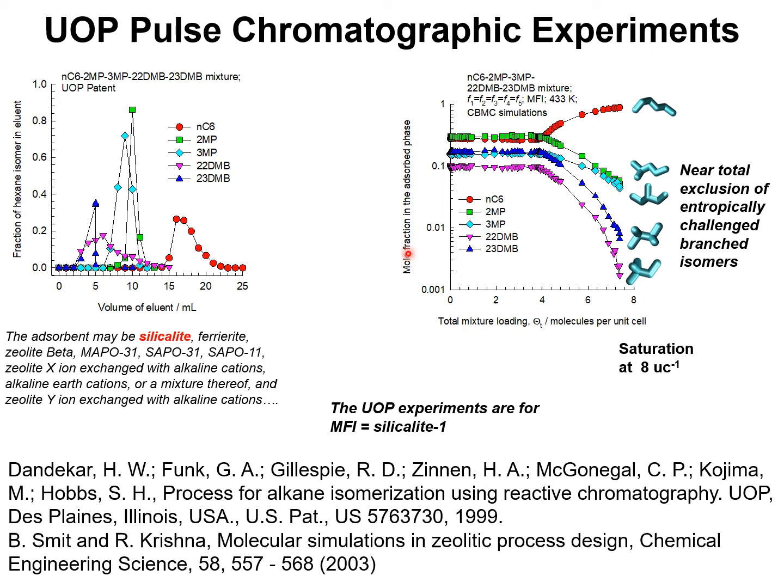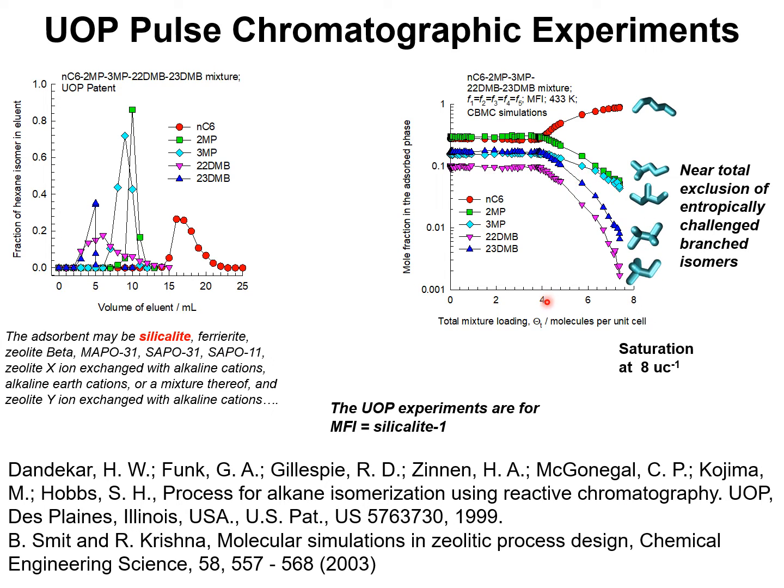The mole fraction in the adsorbed phase is plotted as a function of the total mixture loading varying from 0 to 8. 8 is the saturation capacity, and we note that as the mixture loading increases beyond a value of 4, recall that the monobranch and the dibranch isomers can only locate at the channel intersections, and therefore these are entropically challenged.